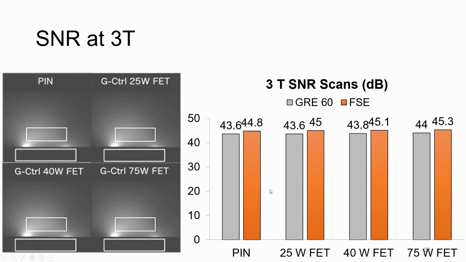With GRE sequence, we see less than 0.4 dB, which is very close. And the fast spin echo, we see it's less than 0.5 dB, which is very close. And looking at the images, of course, we can't see any difference. So this is an excellent sign. And the fact that our FET devices are able to work at 3 Tesla is just something new. Okay, it hasn't been done before, as far as we know.